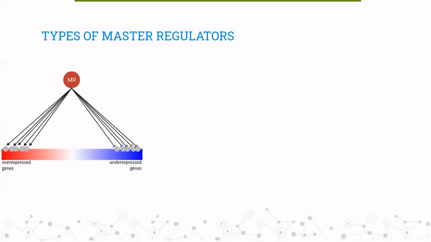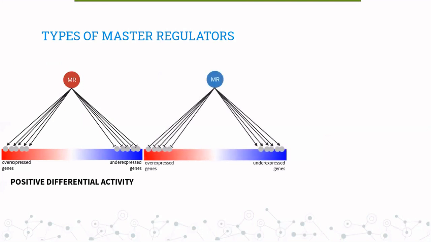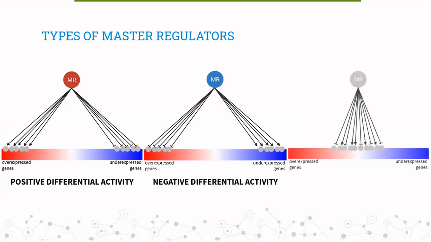For example, if a master regulator upregulates genes found to be overexpressed in the analyzed contrast, it is considered differentially active in a positive way, whereas if the opposite occurs, it is considered differentially active in a negative way. If its targets are randomly distributed in the gene signature, it is not considered differentially active.